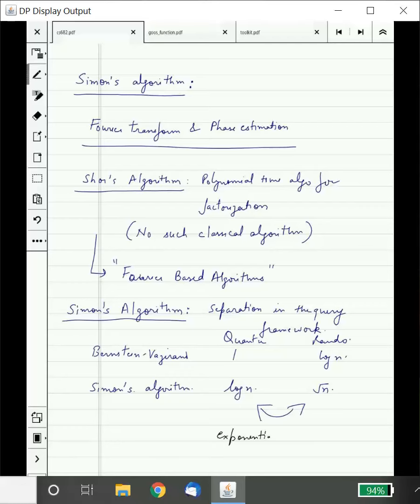Even if we did not want to learn about Fourier-based algorithms, Simon's algorithm would be nice to see because of this separation achieved. This was its purpose in the beginning, and we are going to see what Simon's problem is and how it is solved with such a remarkable difference between the quantum query algorithm and the randomized query algorithm.